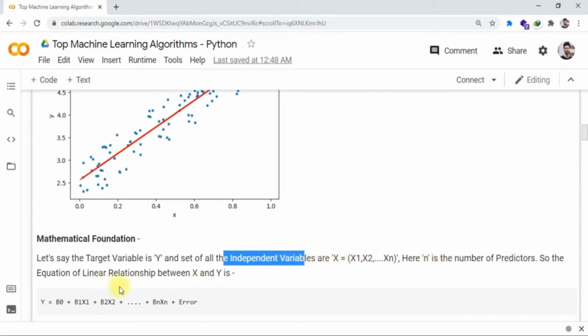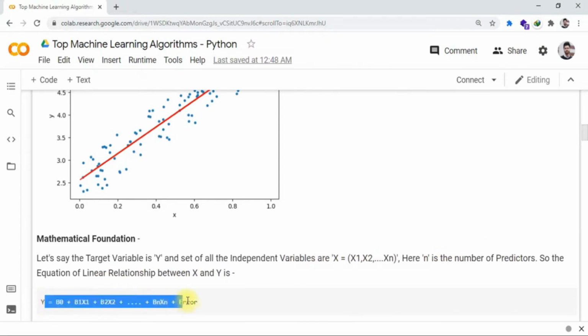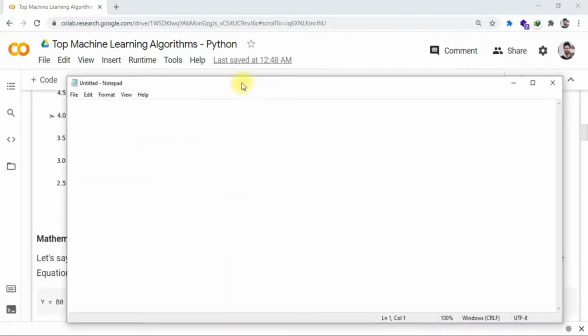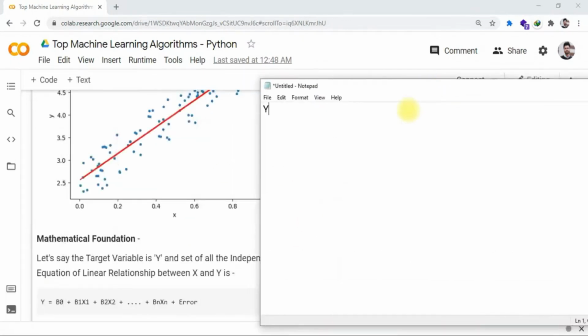The linear equation of x and y becomes like this. As you see, this linear equation is similar to our linear equation of a line, as I show you here, and you are very comfortable with this equation: y is equal to mx plus c.